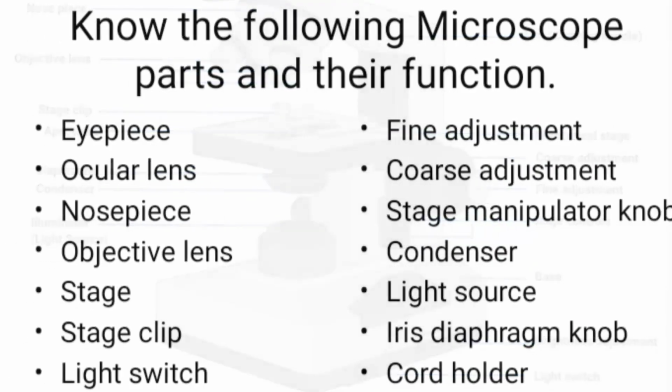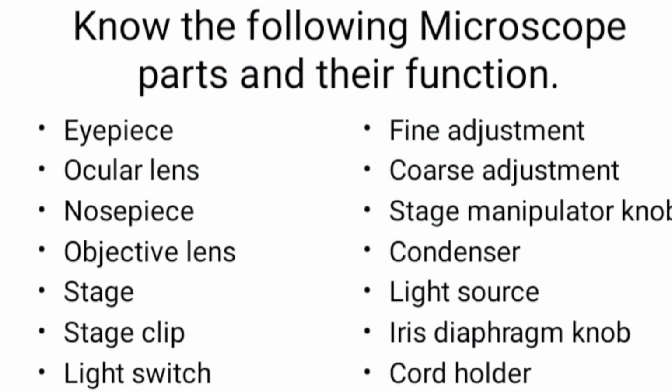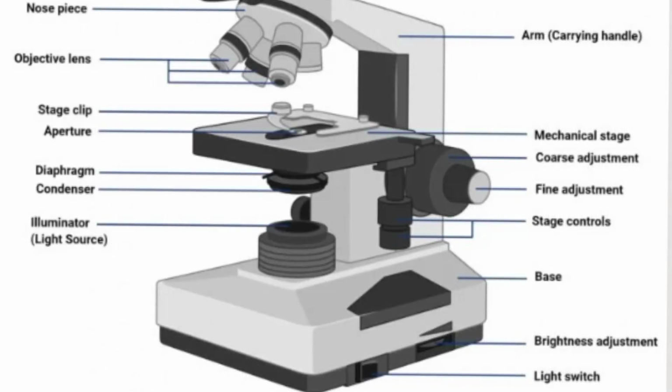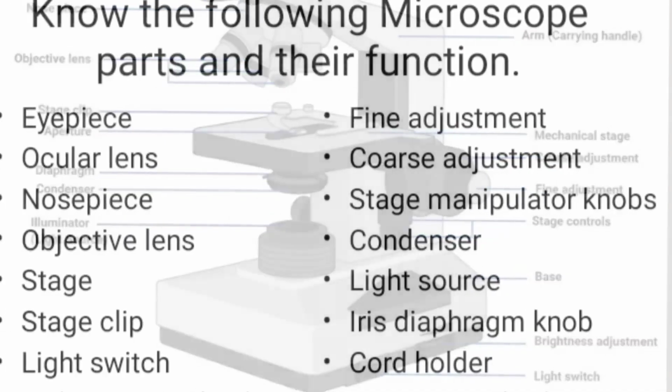Stage. The stage is located below the objective lenses. Function: the stage is a flat platform where the specimen is placed for observation. It typically has a central opening through which light passes to illuminate the specimen. Stage clip.